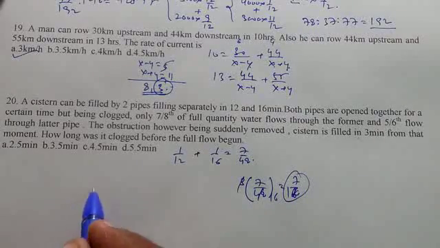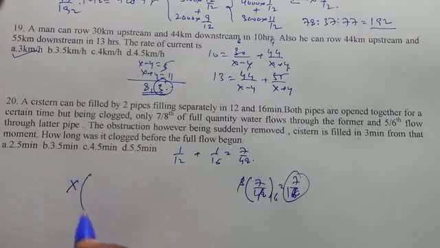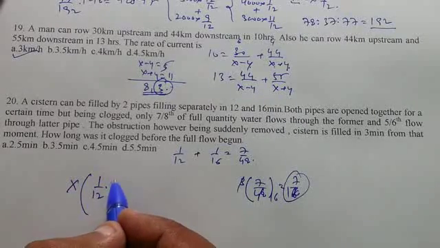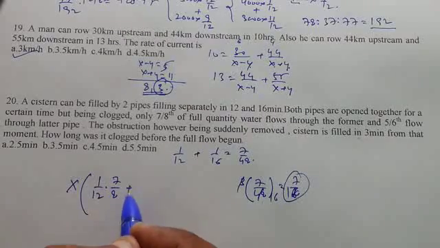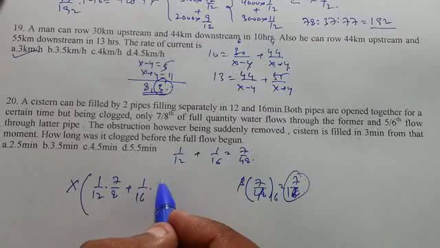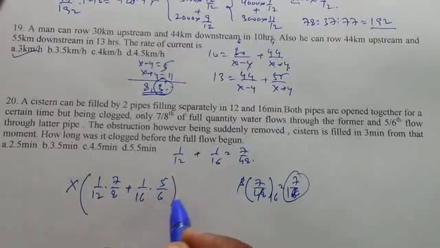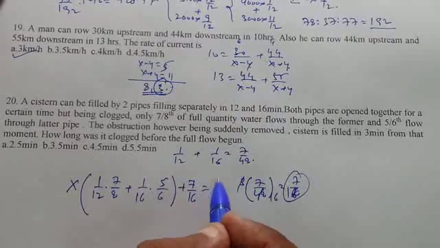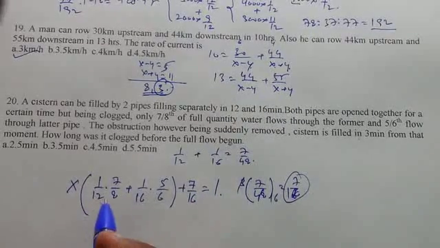Okay. So there is clogging for x minutes. For x minutes, the efficiency of the first is less. So it will fill 1 upon 12 into 7 upon 8, plus the efficiency of B is also less, so it will fill 5/6 of it, plus 7 upon 16, and it will be completely filled. So let us solve it.